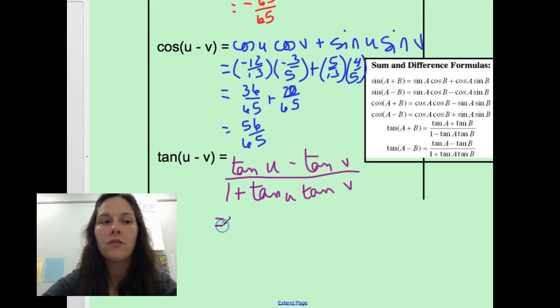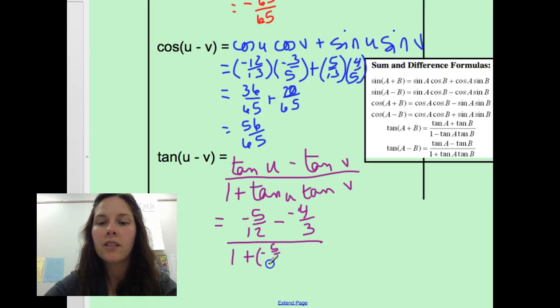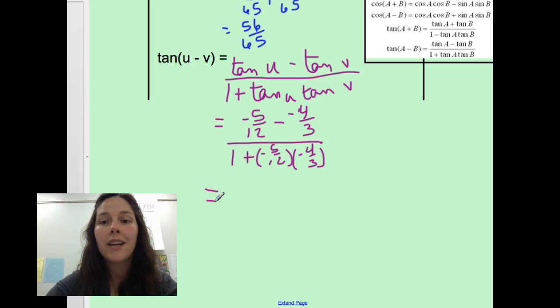Substituting what we know, tangent of u is negative 5/12 minus tangent of v gives us negative 4/3 all over 1 plus, multiplying those together, negative 5/12 times negative 4/3. Simplifying, in the numerator we need a common denominator, so I'm going to multiply that second fraction by 4 over 4. So we get negative 5/12 plus 16/12 after I subtract the negative.